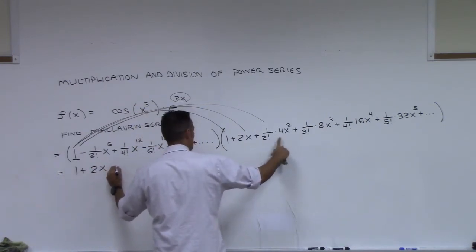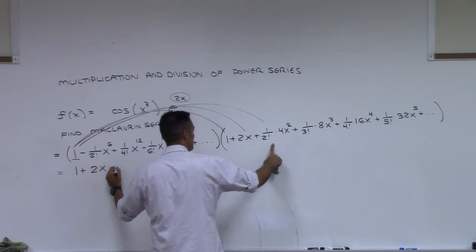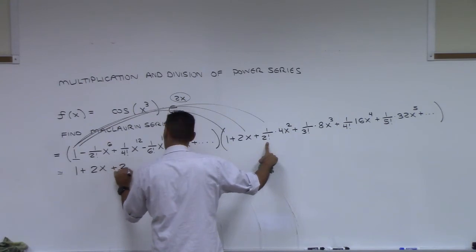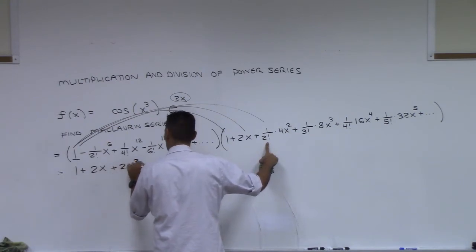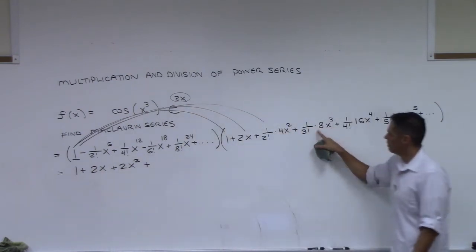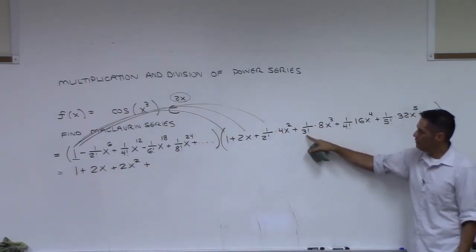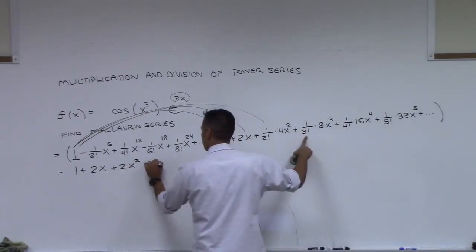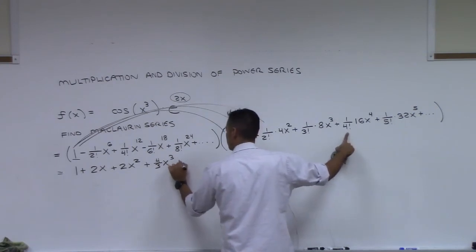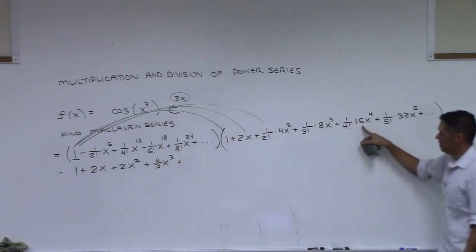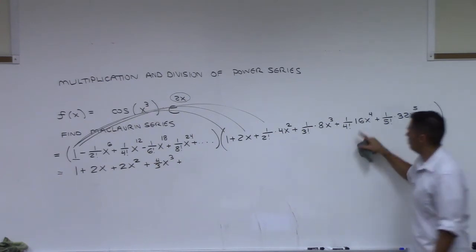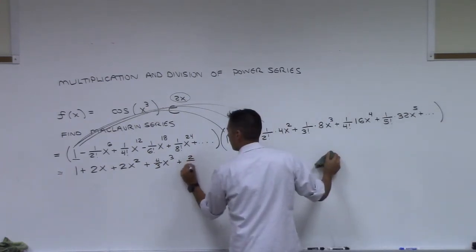Do we want to clean these up? Okay, that's 4 over 2, so that's 2x squared. Plus, what's this one? 8, there's a 2 in here, so 4/3 x cubed. And then plus, let's see, 4, 2, 8, so 2/3 x to the 4th.